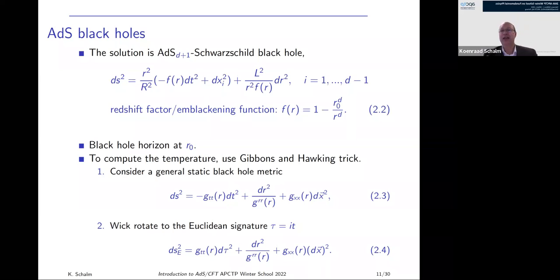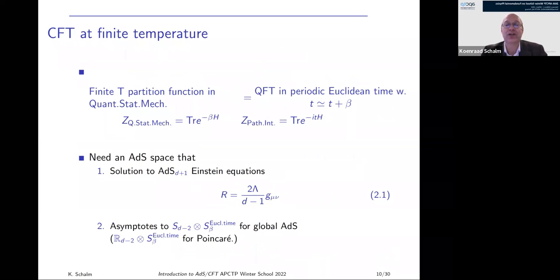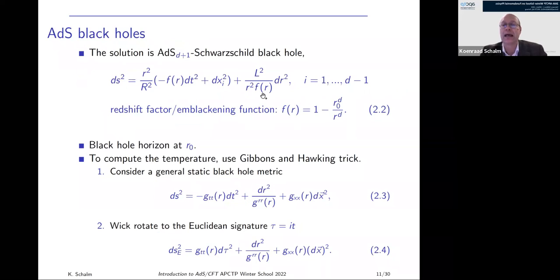But to compute this temperature, Gibbons and Hawking realized that the black hole is a manifestation of precisely this identification between the quantum partition function in quantum statistical mechanics and the dynamical QFT. And in fact, it's now very well known as the most convenient way to compute the black hole temperature.